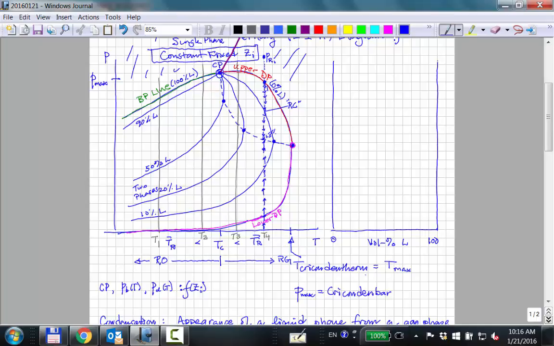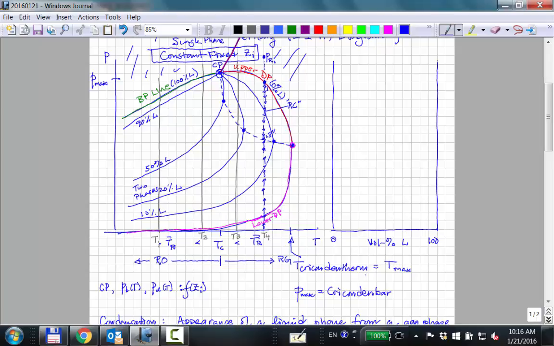Okay, what I'm going to do is sketch over here on the right a figure of pressure versus the amount of the volume that's liquid. So it's the volume percentage that's liquid going from 0 to 100%.